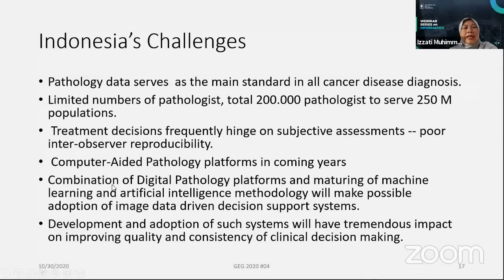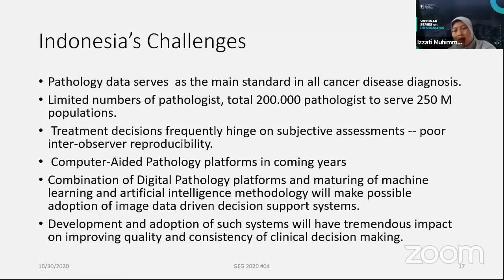We can see the potential in the combination of digital pathology and machine learning and AI, which will make possible the adoption of image data driven decision support systems. We cannot stop this technology from helping the work.